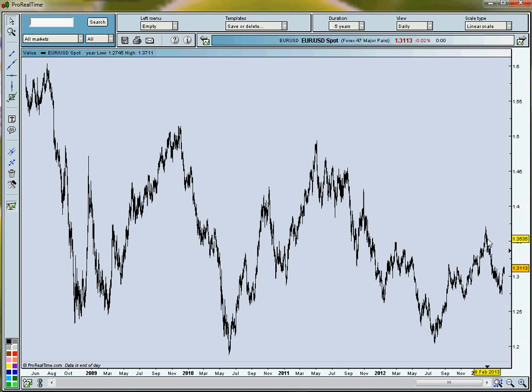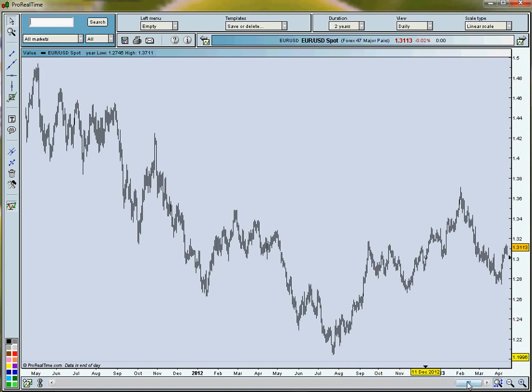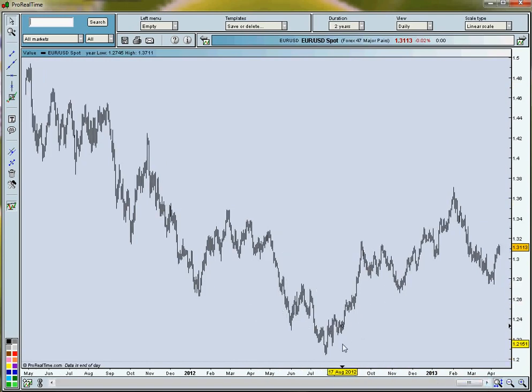If we look at the actual price action, let's go from 5 years down to 2 years here. We see that there's kind of a head and shoulders pattern that may be starting, and if that's the case, then it would come down to somewhere in the neighborhood of right around here.